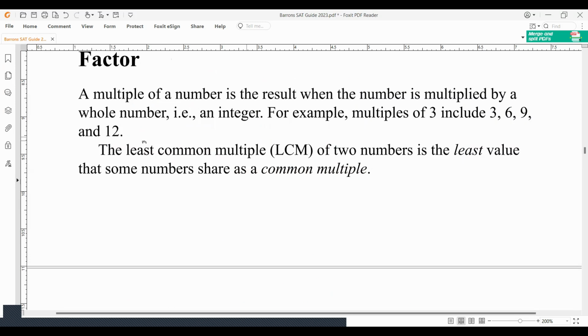It is just a number, definitely a multiple. It is a number which has the least value and which is shared by both numbers.